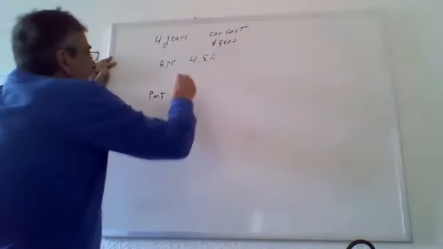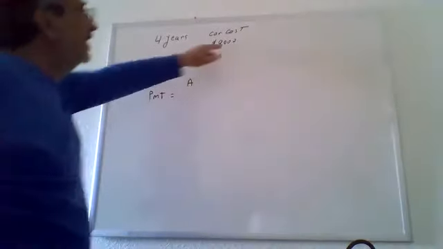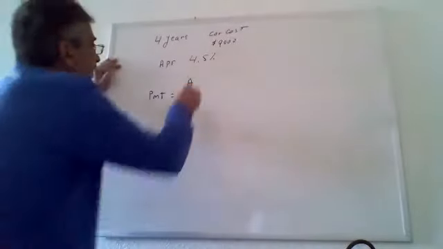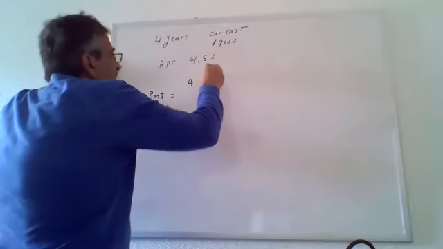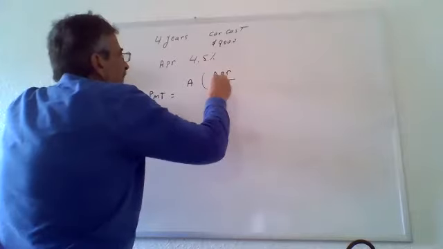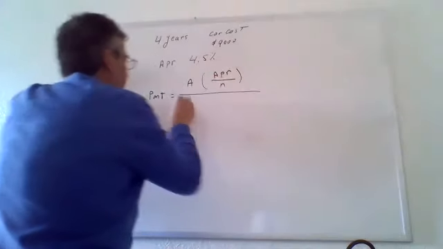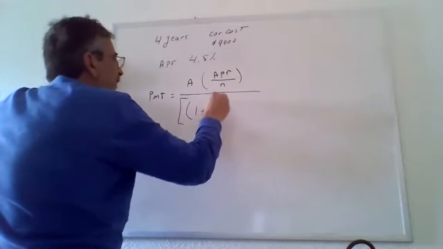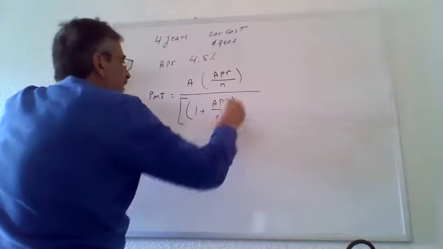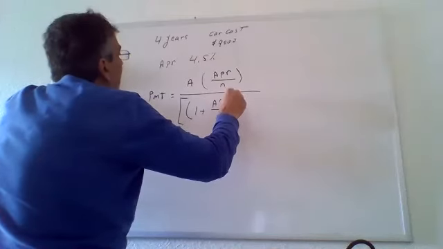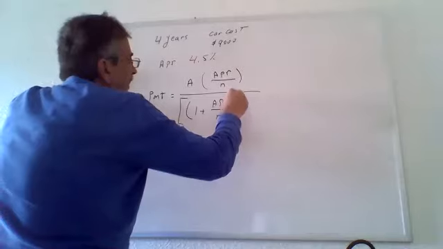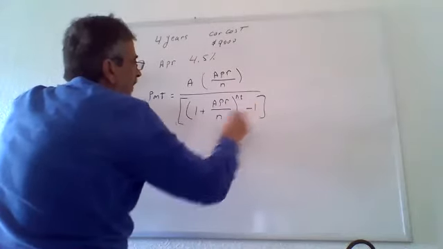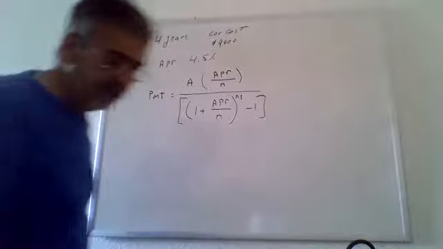The payment is equal to, and now notice, I want $9,000 in 4 years. So the payment is going to equal the amount times the APR over N, divided by 1 plus APR over N to the power NT, minus 1. Okay?